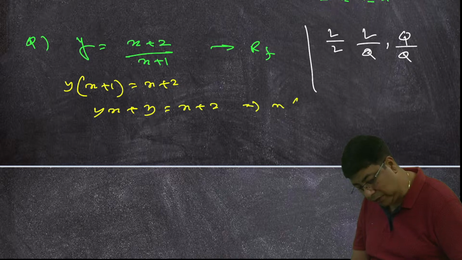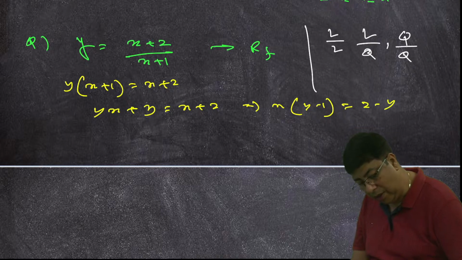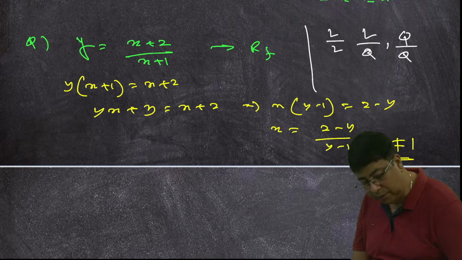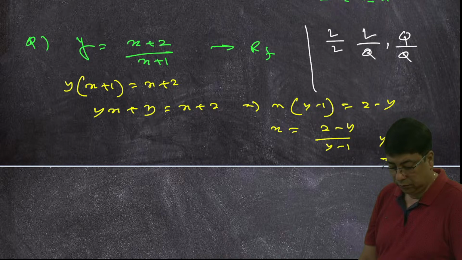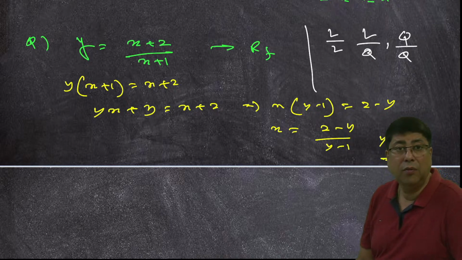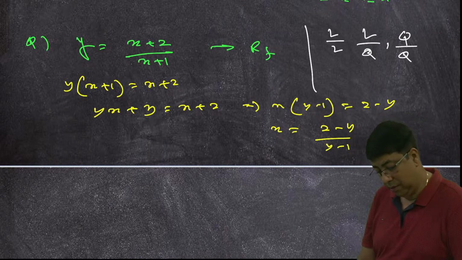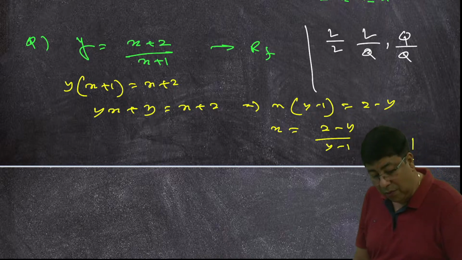Therefore, x into y minus 1 equal to 2 minus y. Therefore, x equal to 2 minus y by y minus 1. So, y not equal to 1.